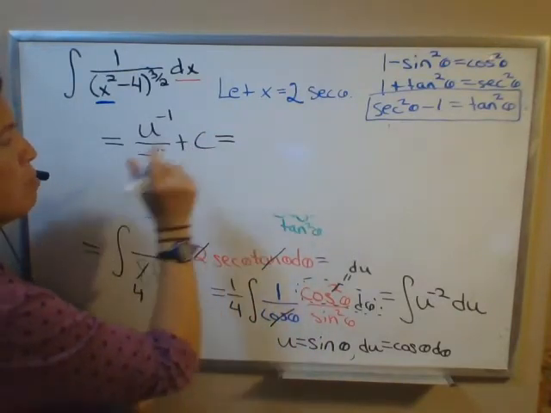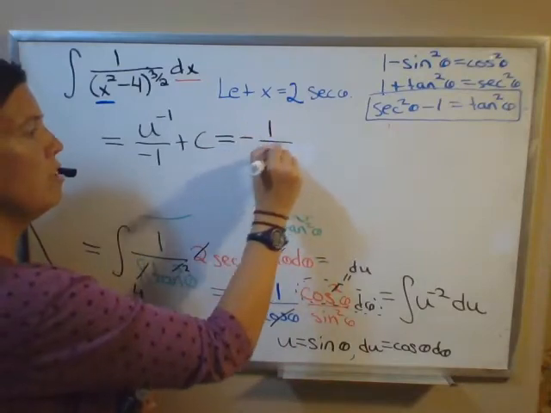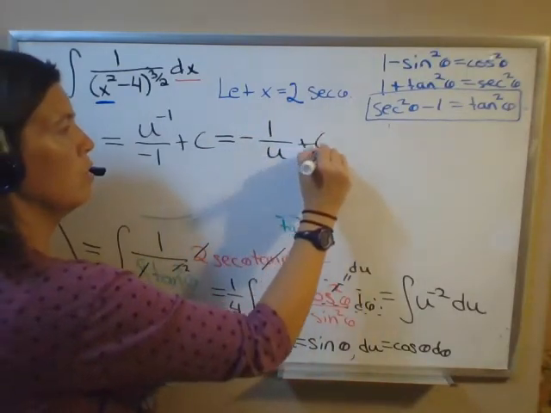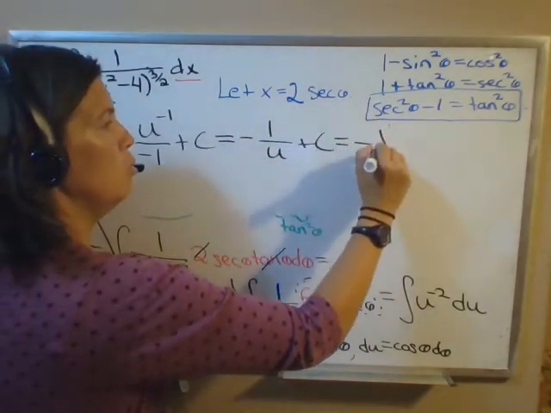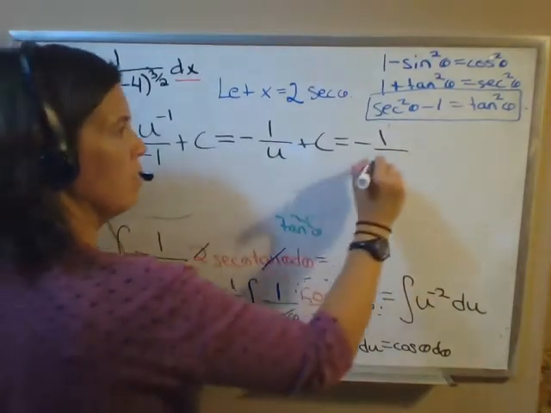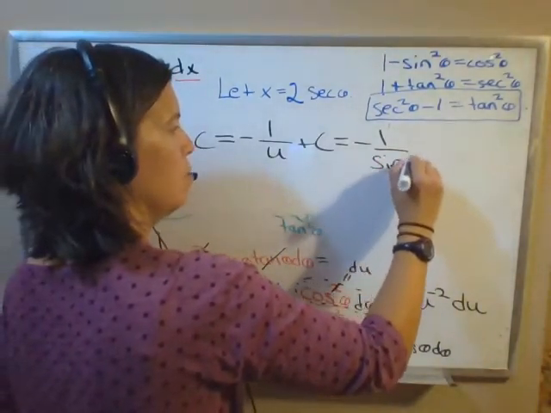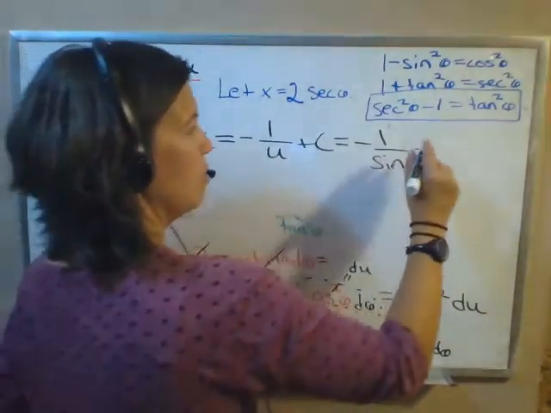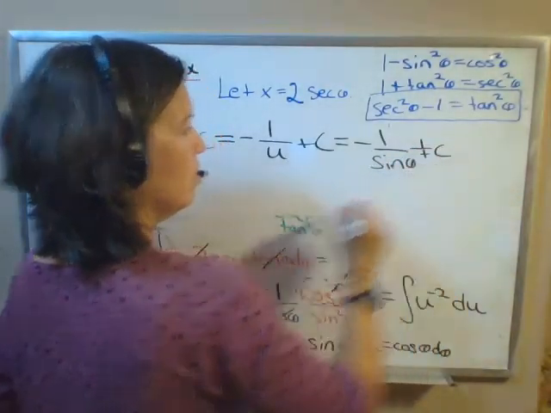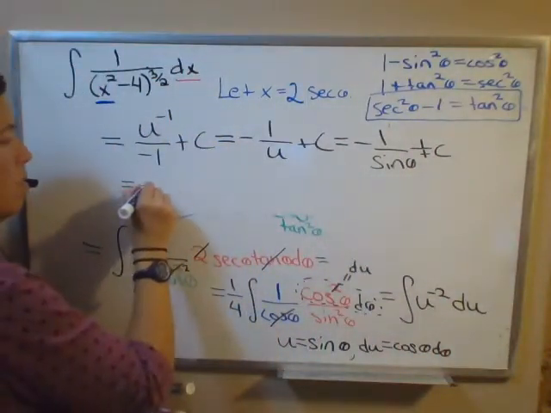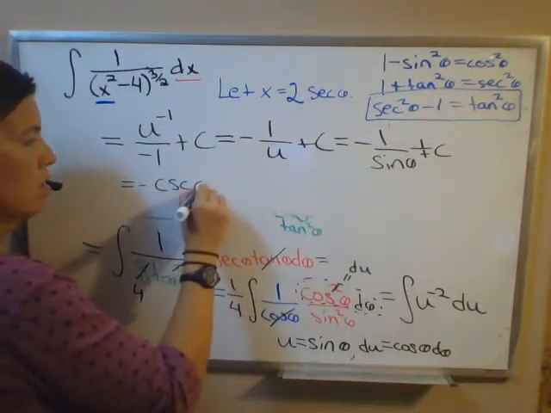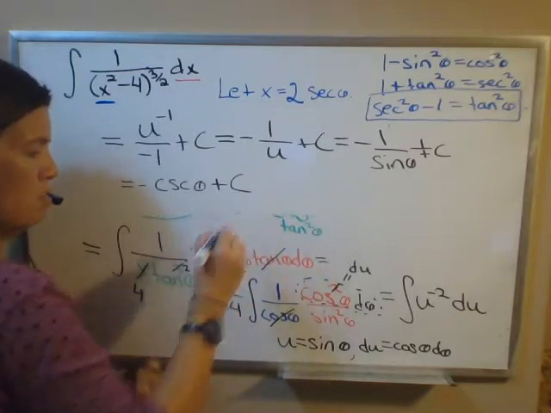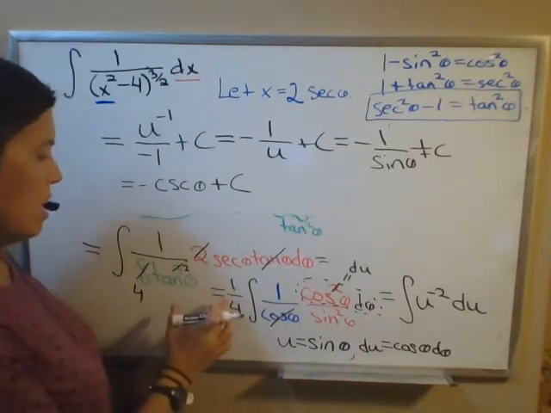First I just clean this up. I'd put the negative out front and then u to the negative 1, so that's 1 over u. But u is equal to sine of theta. So that's negative 1 over sine theta, plus c. So that's negative cosecant theta. I want to take another look at this real quick.